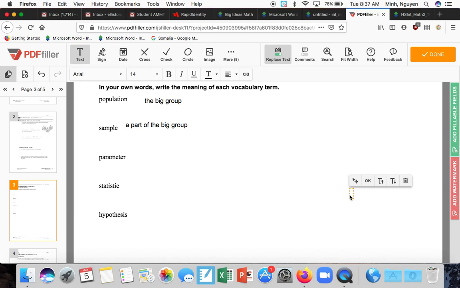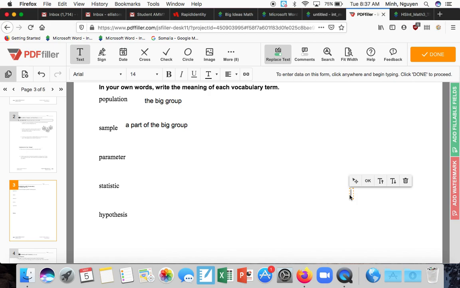The population could be broken down in many ways. We might say the population is all the students at Independence, and a sample of the population is the freshmen. Or we could say the population is the freshmen, but the sample is the freshmen that are taking Math 1.